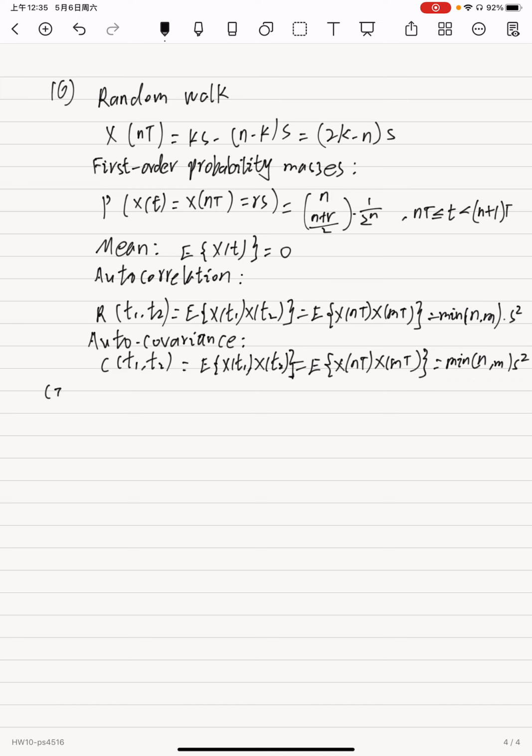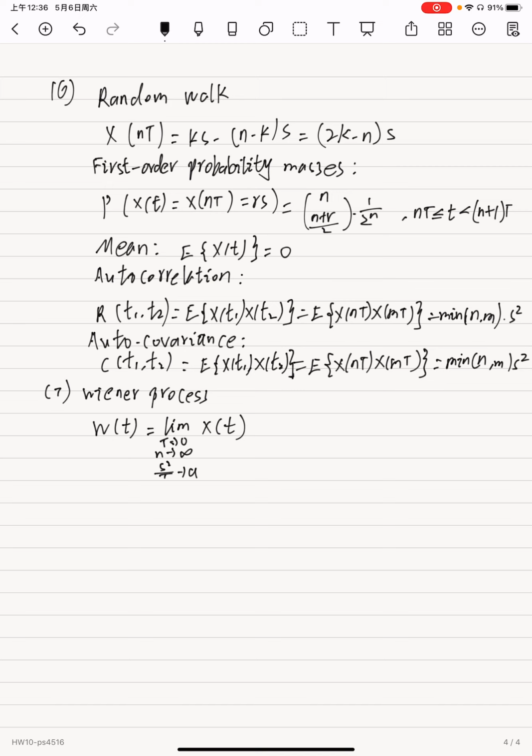And the last one, the Wiener process, which is W(t) equals the limit as T goes to 0 and n goes to infinity, with s squared divided by T equal to alpha, of X(t), where X(t) is the random walk.